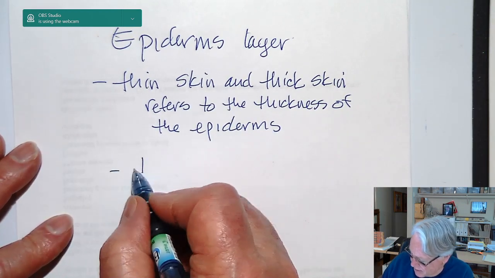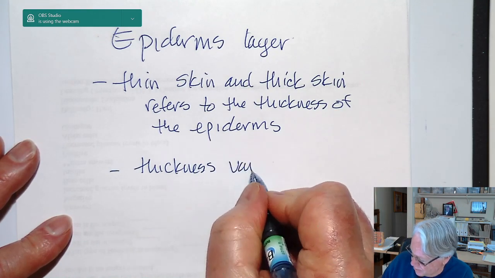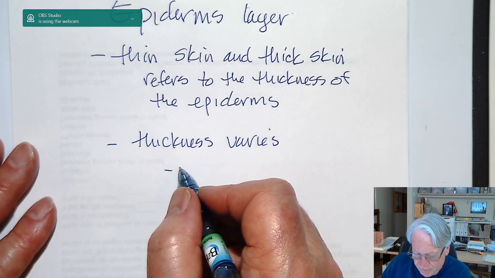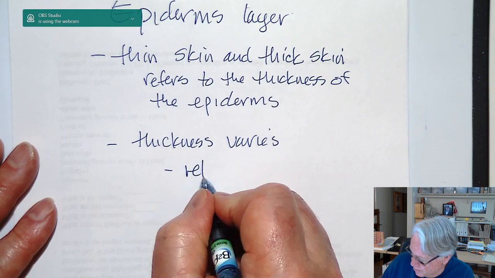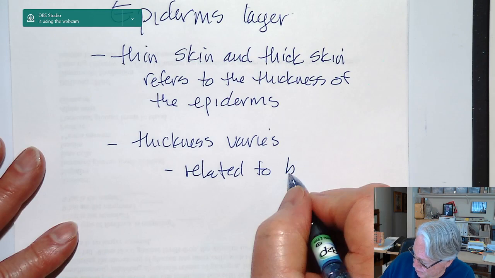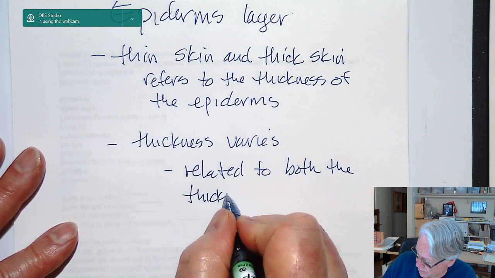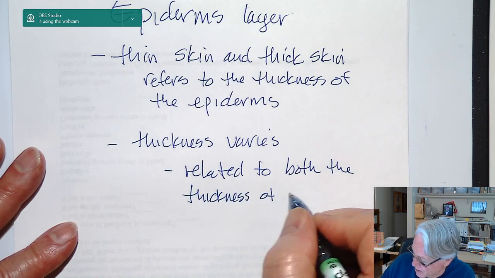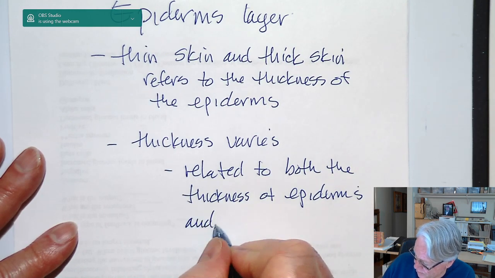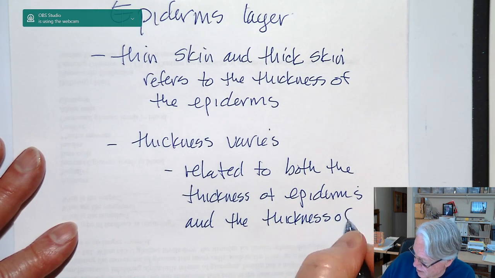However, the thickness of the skin is going to vary, and that variation in thickness is related to both the thickness of the epidermis and the thickness of the dermis.